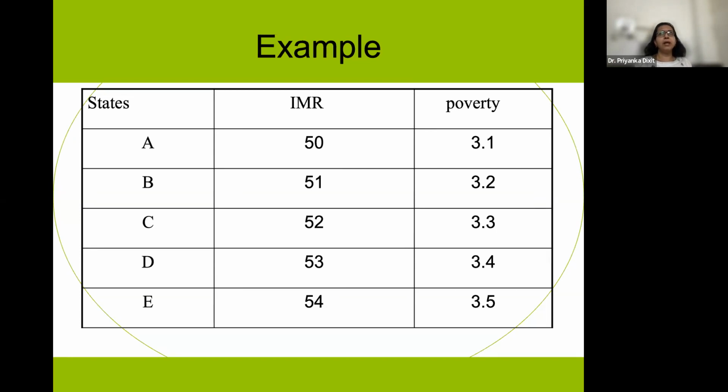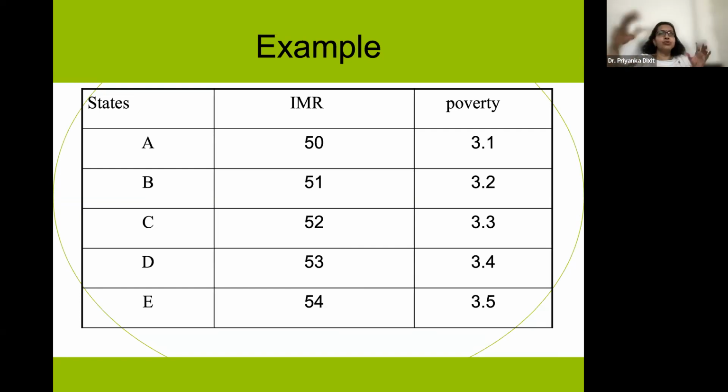When we apply the chi-square, our calculated value lies between 0 and positive infinity. Like in correlation, our values lie from -1 to +1, but in the chi-square technique, values lie between 0 and positive infinity.